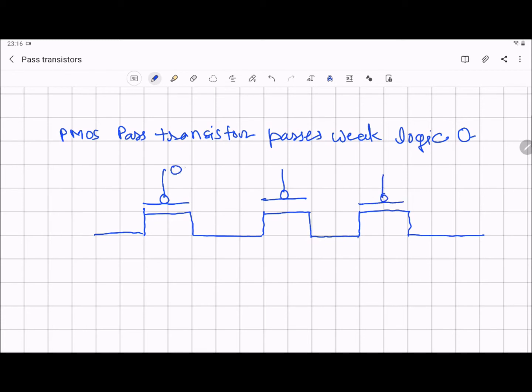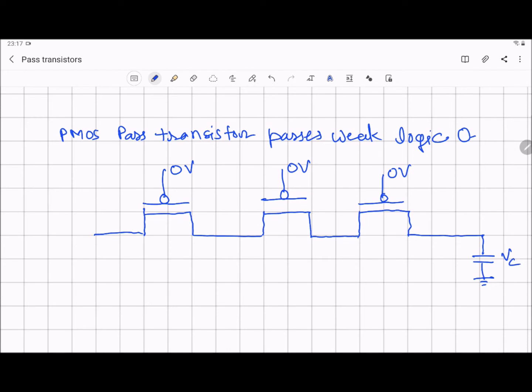Here all the gate terminals are connected to 0 volt, and I am going to have one output capacitor, and the other terminal of the capacitor is connected to ground. Let's call this VC, the voltage across the capacitor.